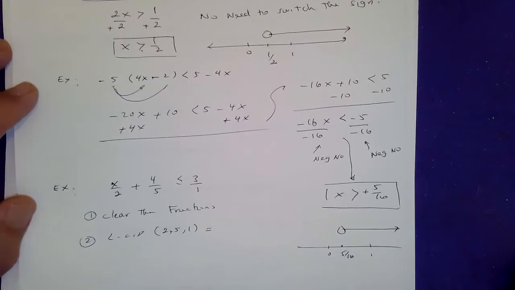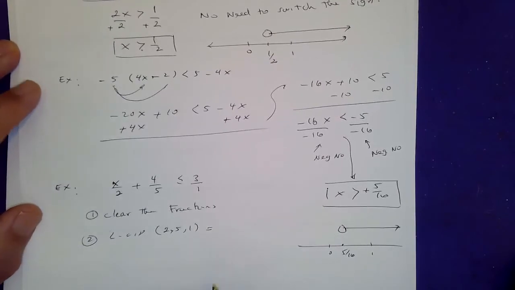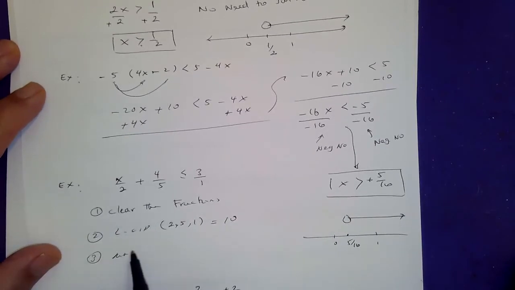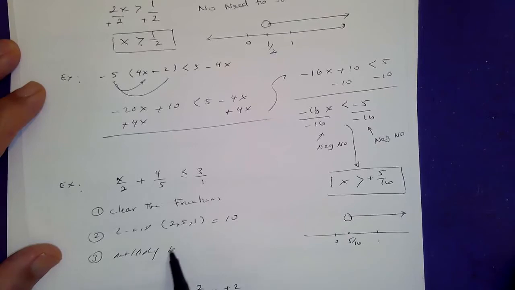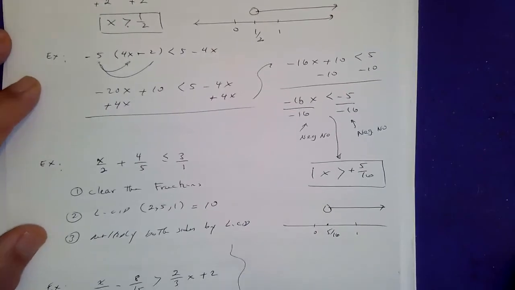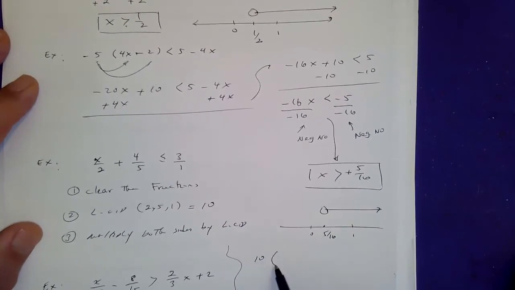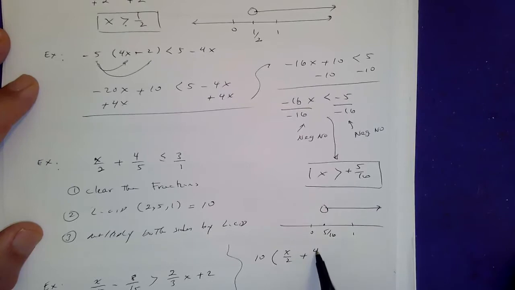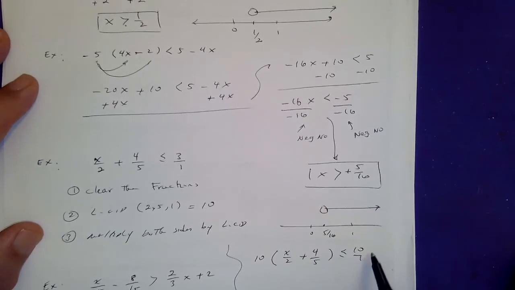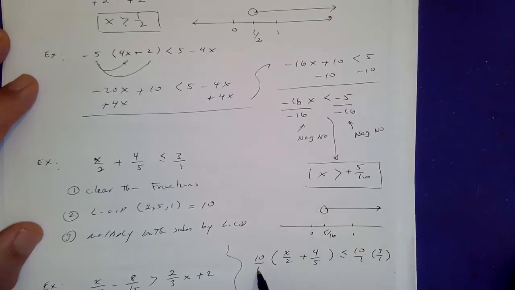What is the lowest number that each of these numbers divide into? The answer is 10. So multiply both sides by the LCD. So that would be 10 times x over 2 plus 4 over 5 less than or equal to 10 times 3 over 1, correct?